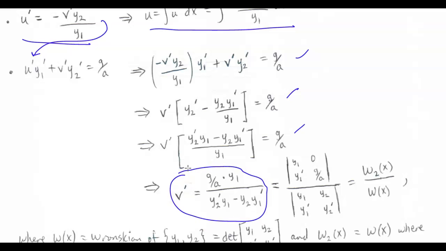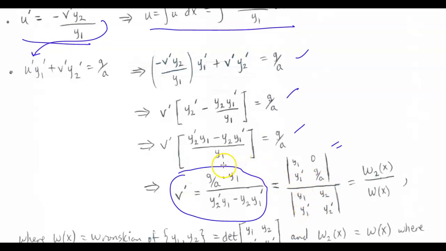And if you remember from the part 2 video and part 1 video, this g divided by a times y1 was just the Wronskian matrix for when k is equal to 2. So in other words, the Wronskian here, but you replace the y2 prime with 0, divided by g over a.